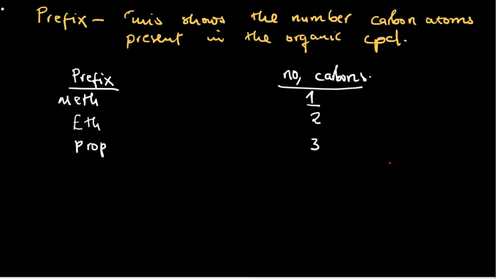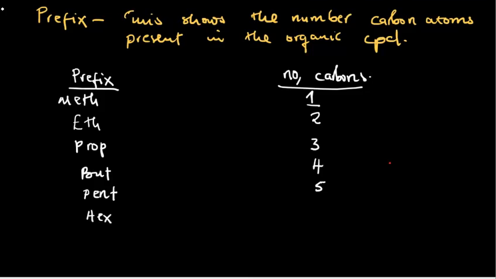Then we can have but. A name that starts with but has four carbon atoms. We also have pent, not pentane but pent. A name that starts with pent has five carbon atoms. We also have hex.